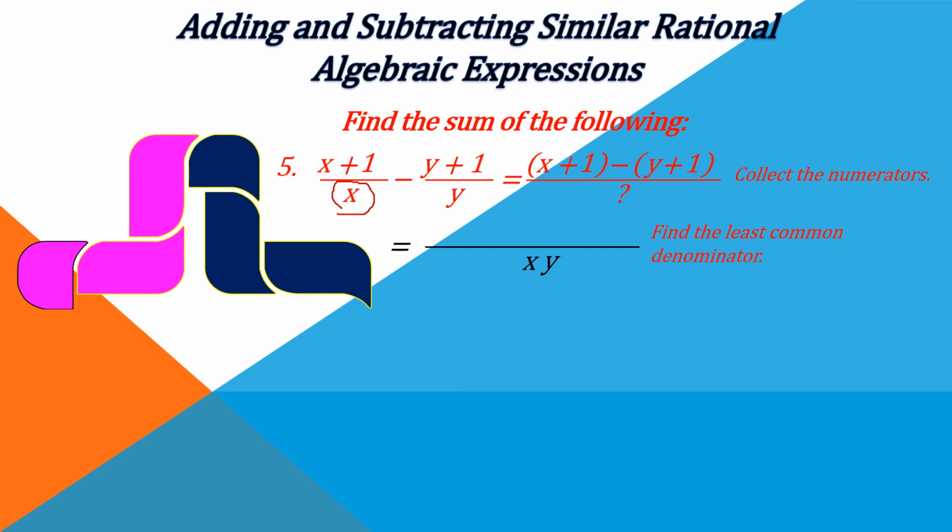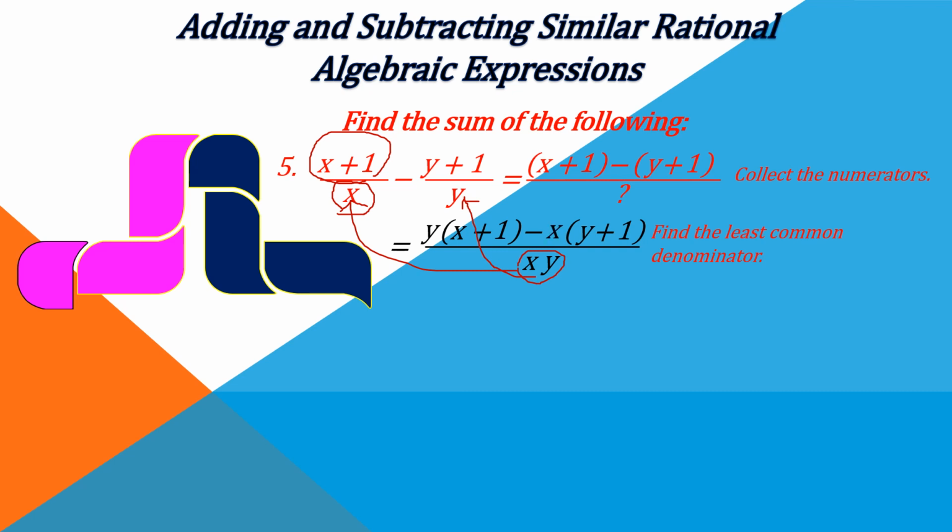And computing the numerator, x plus 1 divided by x, no, correction, xy divided by x is equal to y multiplied by quantity x plus 1. So we have, for x plus 1, we need to multiply by y, and for the y plus 1, xy divided by y is equal to x multiplied by y plus 1.